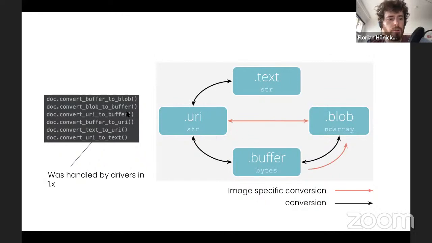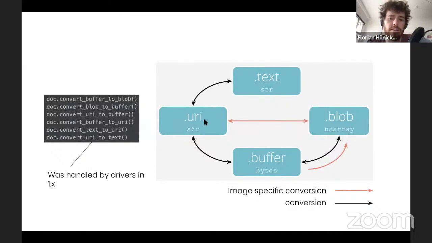And we get these conversion functions where we can convert a document from buffer, for instance, to blob, or from URI. Think of you have your data at a cloud storage bucket somewhere, and you just specify the URI of this document when you initially insert the data into your flow.